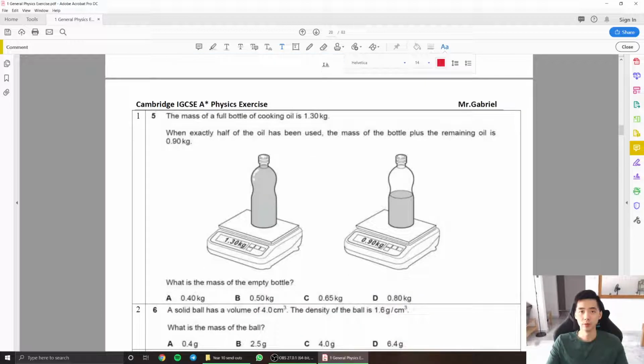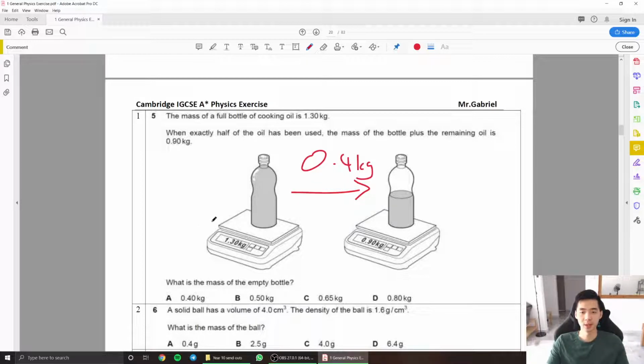Then moving on to the final exercise here. The mass of a full bottle of cooking oil is 1.3 kg. When exactly half of the oil has been used, the mass of the bottle plus the remaining oil is 0.9 kg. So from here, we can say that obviously the difference here to here is going to be 0.4 kg, right?